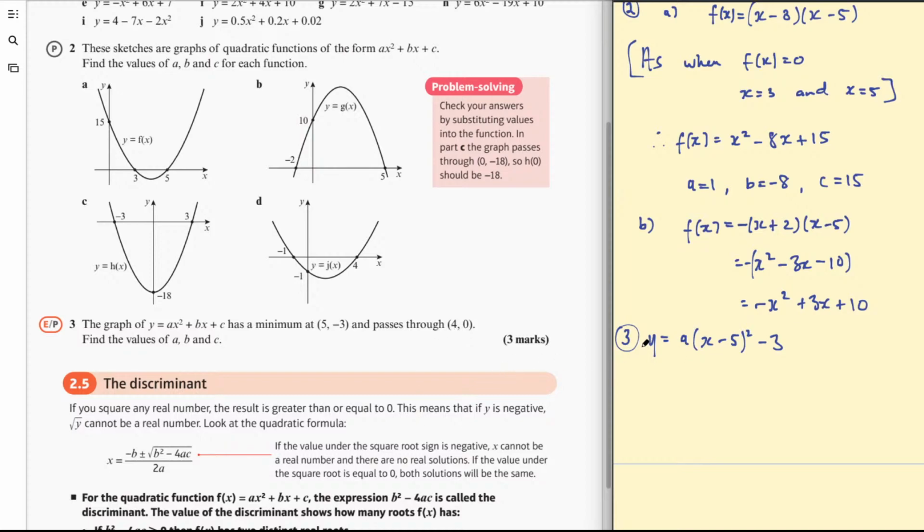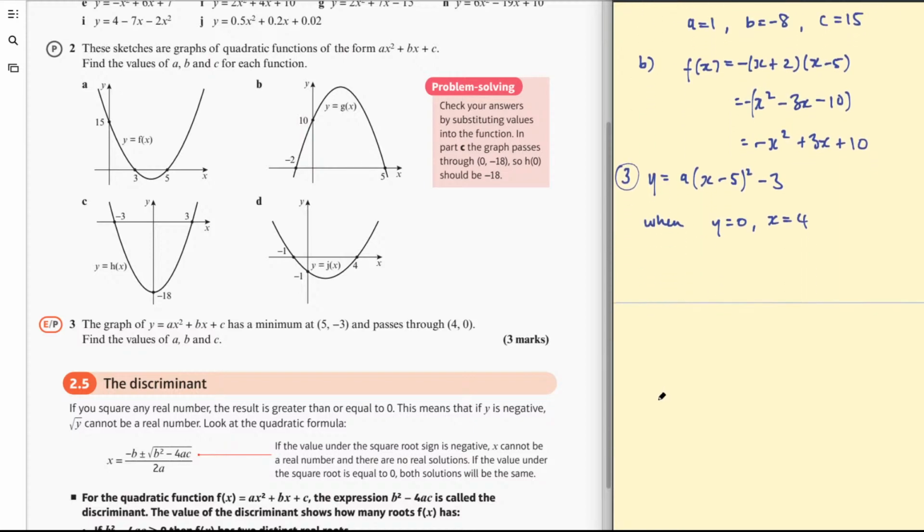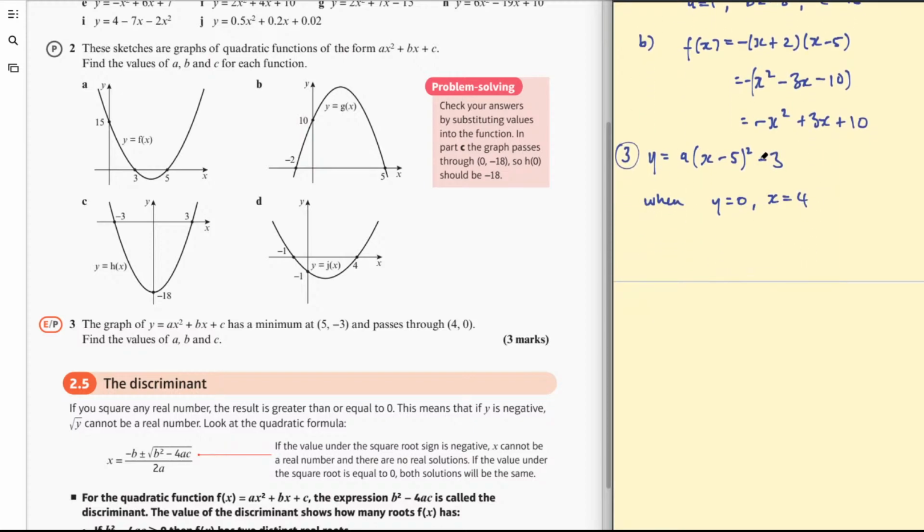X equal to 4 will allow us to solve for a. So that's how I would approach this type of question. When y equals 0, x equals 4, and then plugging those values into this equation, find the value for a.